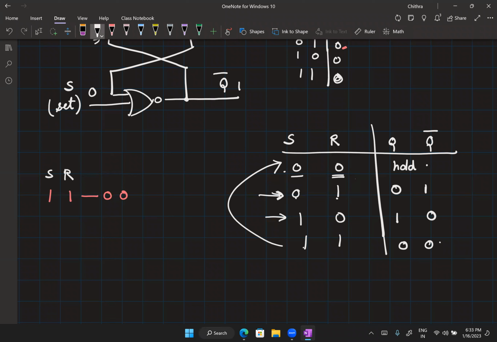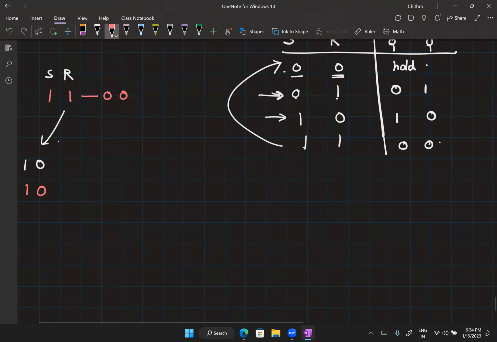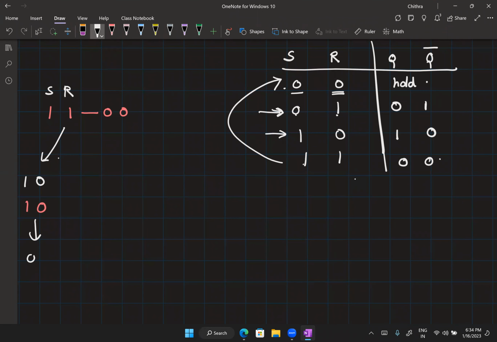Now, if S and R went to 1, 0 first, then what is your output? It will become 1, 0. Q bar becomes 1, 0. And then it goes to 0, 0. So you are basically moving from 1, 1 to 0, 0, but you have this intermediate state. So now the state that is getting held would be equal to 1, 0.